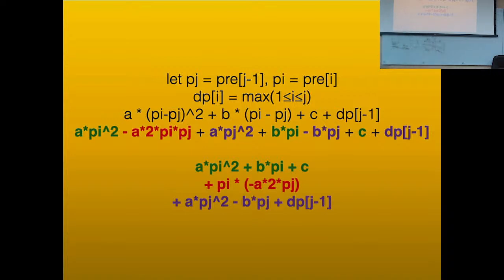And we can expand the square a bit, and we can group some of these terms together. You can see that the purple one is just dependent on J, does not depend on I. And the green one is only dependent on I, does not depend on J, right?